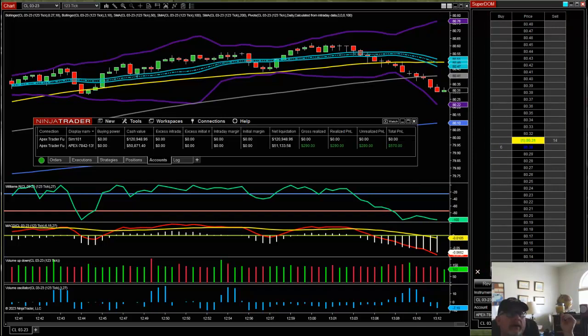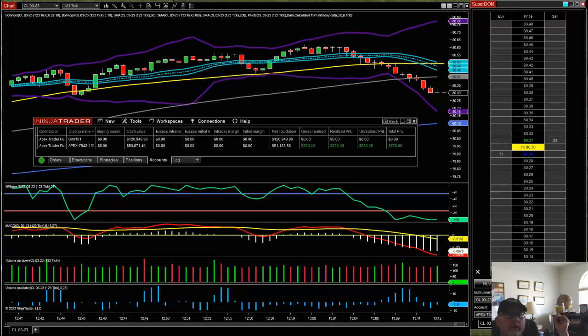So we'll close around plus 50 now. See it move back to plus 50. We're going to get out. 57.30. Looks like 37 is plus 50. 36, 37, we're coming out of the trade. That'll give us plus 50 ticks on the day.